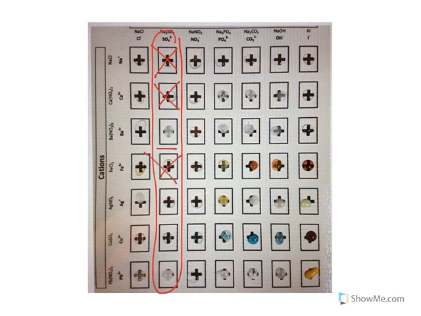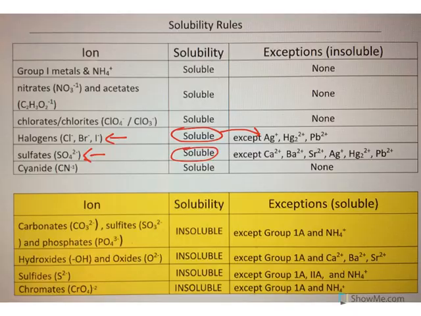Looks like it was probably soluble with iron and silver. Copper, but not with lead. Okay? So you have to watch these exceptions. They're really tricky because sulfates are usually soluble, except when we mix them with these things. And then cyanides are always soluble, no exceptions.